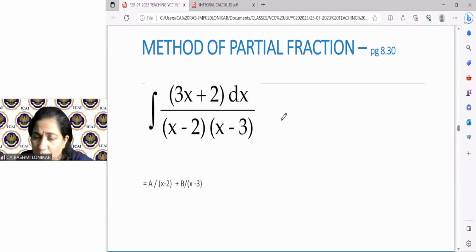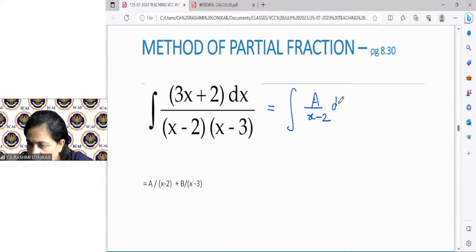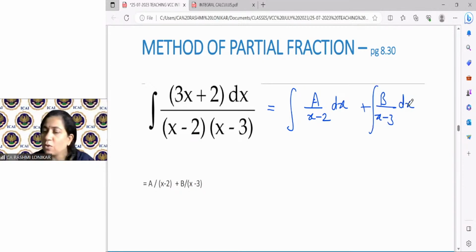Now 3x plus 2 upon x minus 2 into x minus 3. Now this is equal to integral of a upon x minus 2 dx plus b upon x minus 3 dx. Okay, so now what we have to do is find the values of a and b.